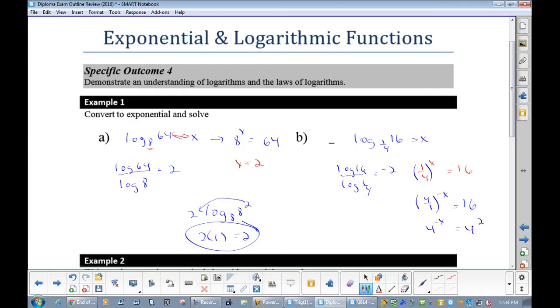Do you see how 16 is 4 to the 2? So now, if the bases are the same, these must be the same. So -x equals 2, divided by -1, x equals -2. You could also take this, and this would be log 1/4 of (1/4) to the -2, which would give you the answer -2.